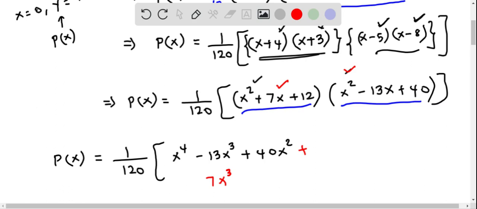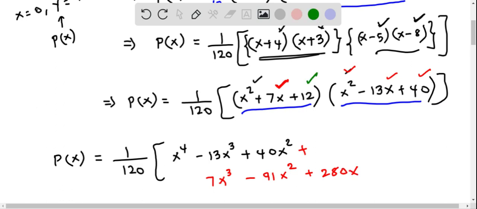Now multiply 7x with negative 13x. 7 times negative 13 is negative 91, and x times x is x squared, so I put negative 91x squared under the x squared term. Now 7x times 40: 7 times 40 is 280, so we get 280x. Now we are done with multiplying 7x.